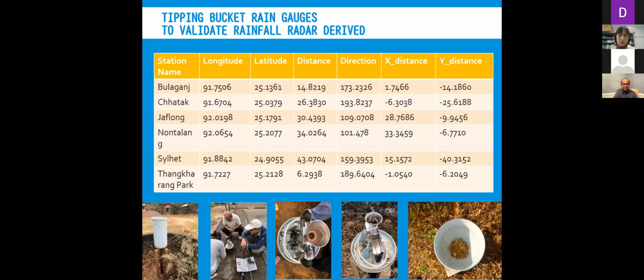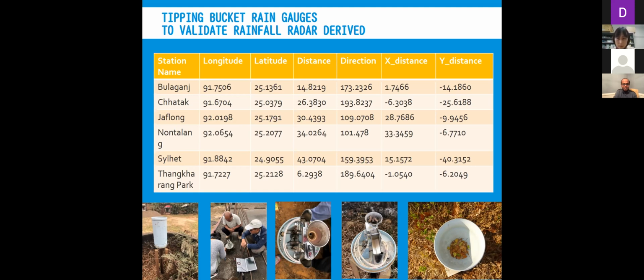And a tipping bucket rain gauge network can be used in our group. So these are used to validate the rainfall which the Cherrapunji radar derived.